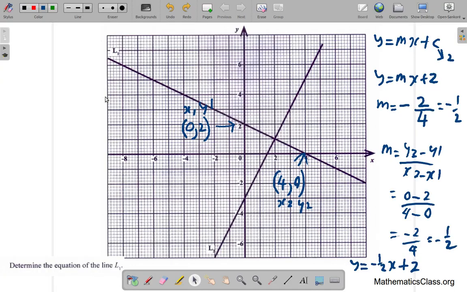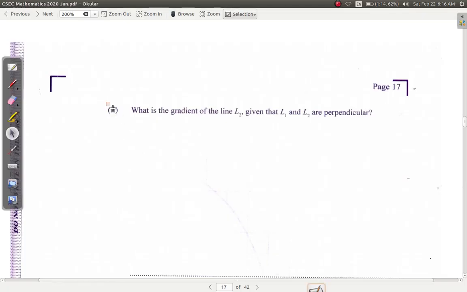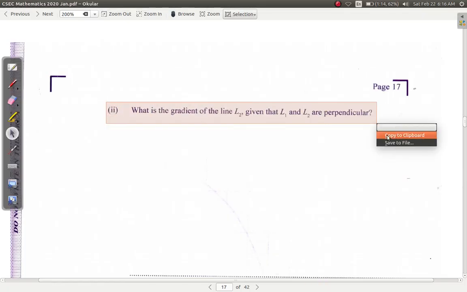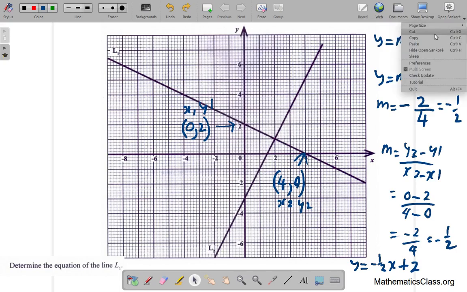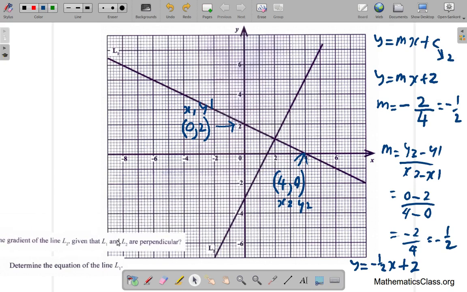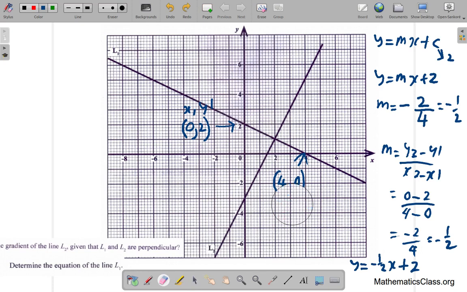Let's copy this and paste it over here. Let's just erase some of the working. We're going to keep the equation of that line.